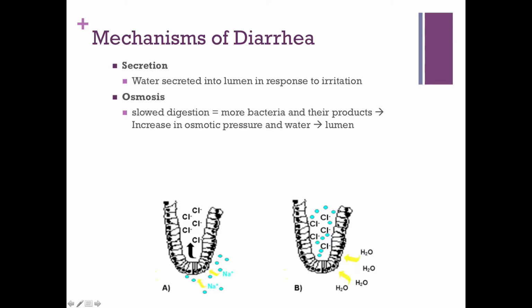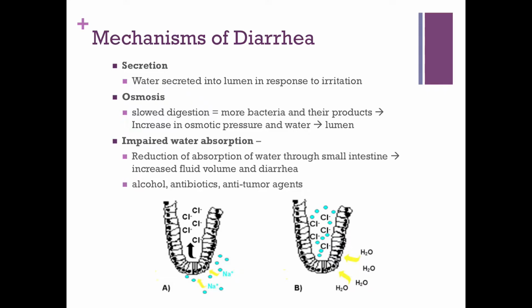So then water comes in. So osmotic means because of bacteria. Secretion, it could be bacteria, but it's not slow digestion. Secretion means something irritating is in there. It's making you sick, and then water moves in. Osmosis is slow digestion, bacteria build up, make too much gas, and then water comes in because of the pressure.